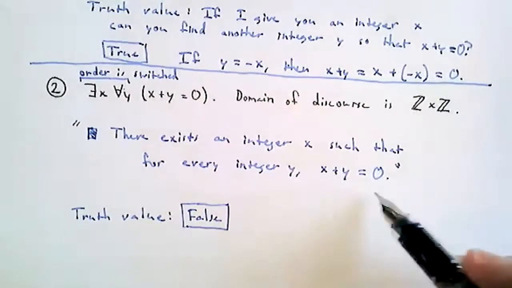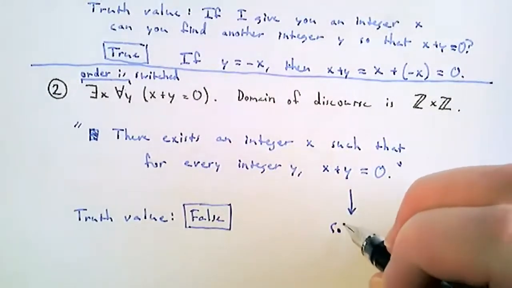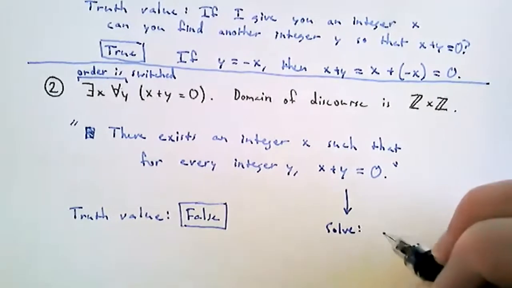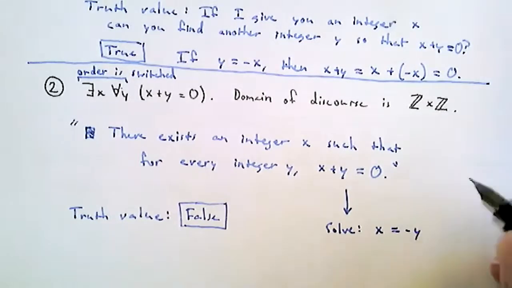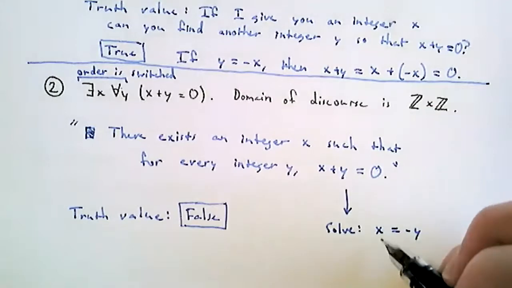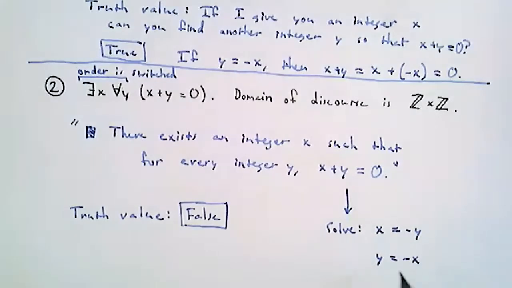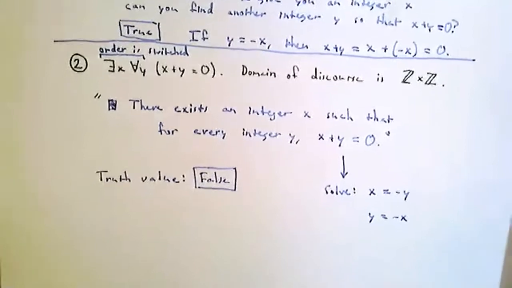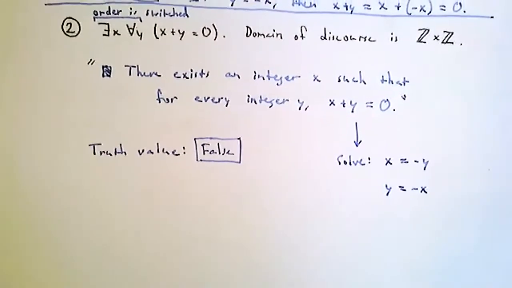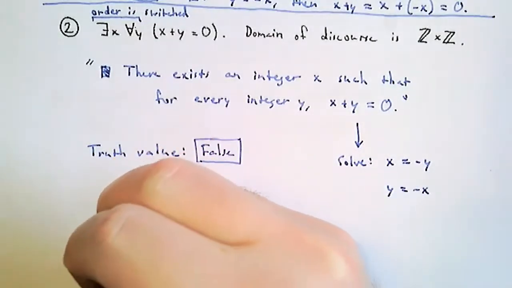And well, you can solve this equation to help you see that. Move the y to the other side. Or actually, it doesn't really matter which one you move. x equals minus y or y equals minus x. There's only one choice. So our conclusion from this example is that the order of the quantifiers matters.